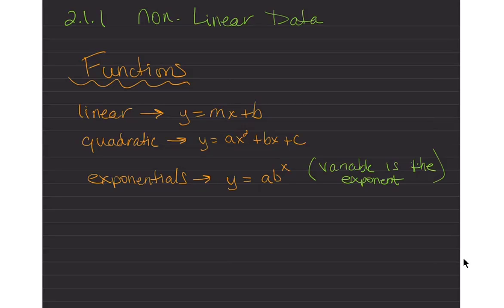So now we're trying to figure out what our a and our b are. When you have an exponential function, your a is what we refer to either as the initial value or the y-intercept.